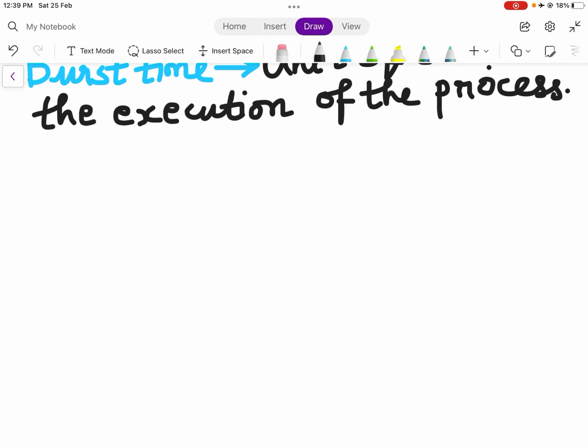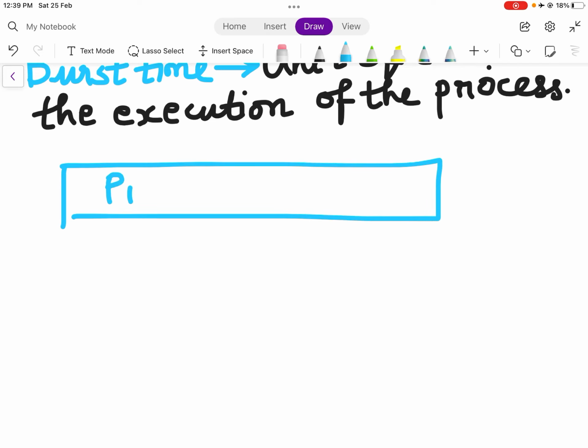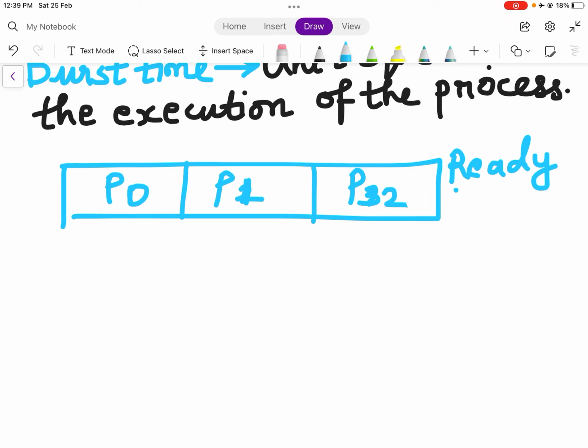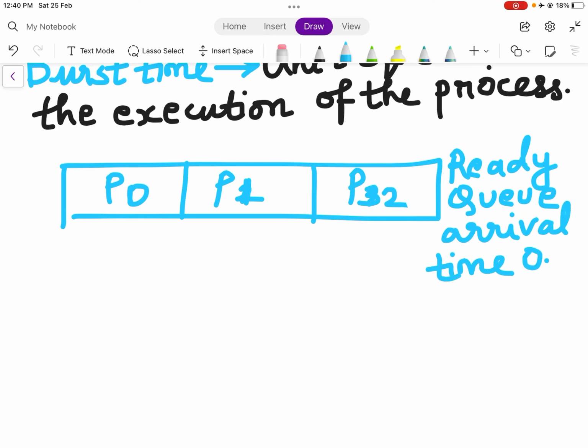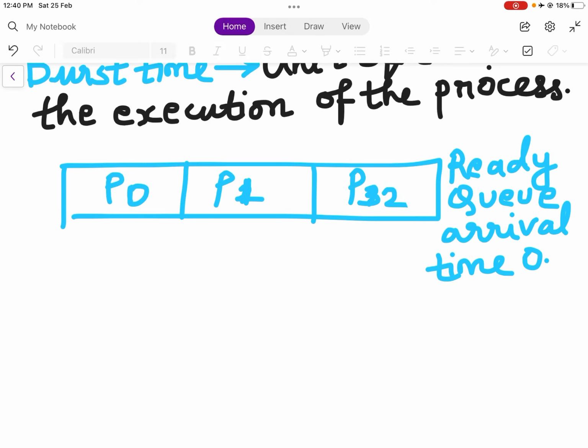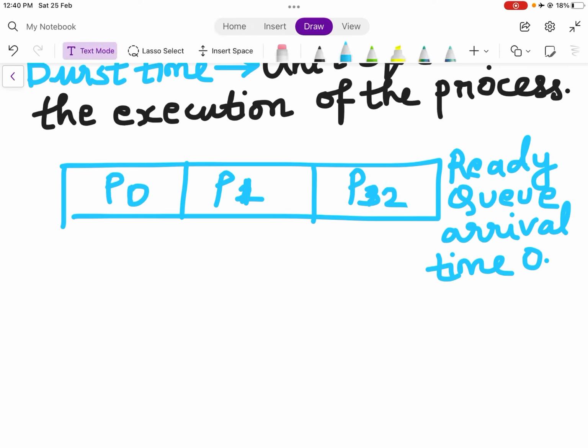So we have three processes: process 0, process 1, process 2, all present inside the ready queue at arrival time 0. Okay. So we'll first draw the Gantt chart.